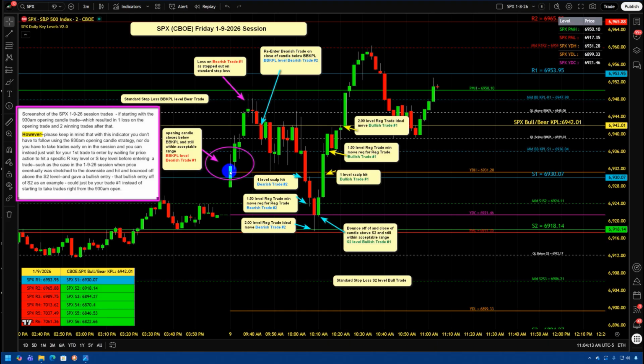So keep in mind that if we were starting the session here, these are the trades that would be followed afterwards if we were starting off with this trade, and then we had this loss on getting stopped out here on the standard stop loss on this trade. And then we have our re-entry here, which was a winning trade, and then we have the bounce off of S2 here.